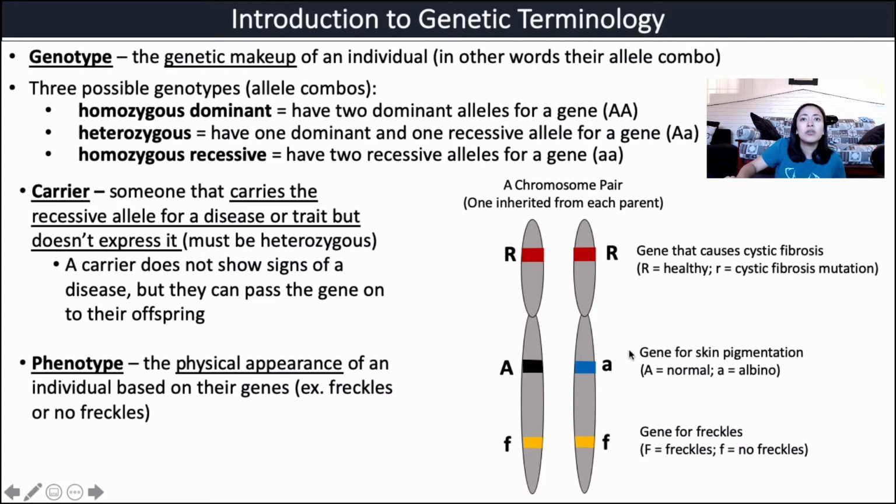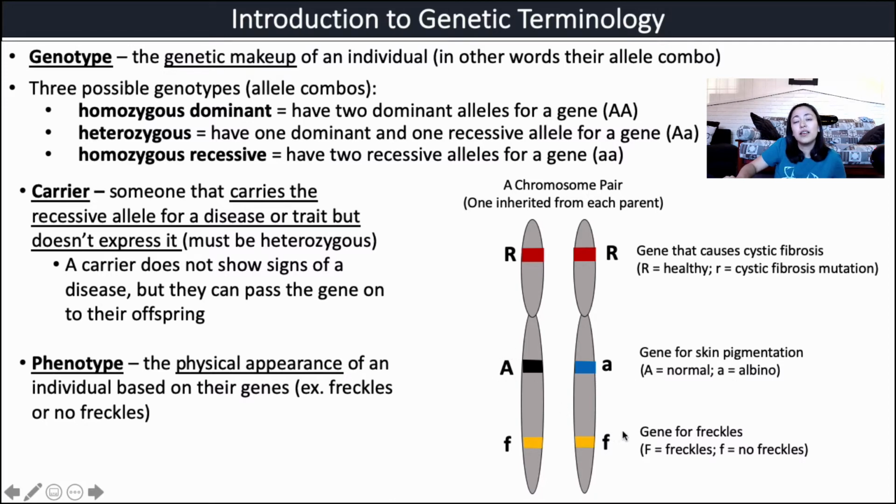So what is their genotype? This individual would be heterozygous for skin pigmentation. And what would their phenotype be? Well, they would have normal skin pigmentation because, again, they have the dominant allele. A heterozygous individual always expresses the dominant allele.